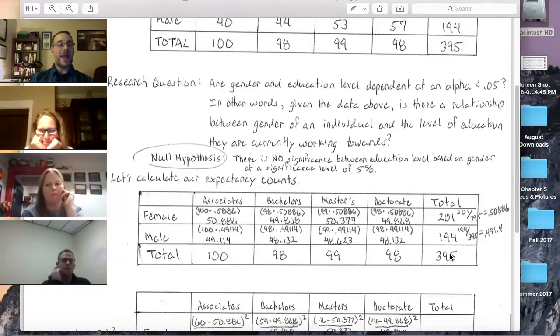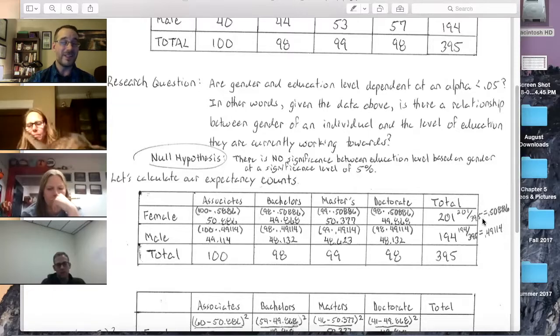So we would expect, given those frequencies and that distribution of our data, that 201 divided by 395 is going to give us our expected probability of females in the data. For males, it's 194 divided by 395. The probability of any one of these categories being male is 0.49114.